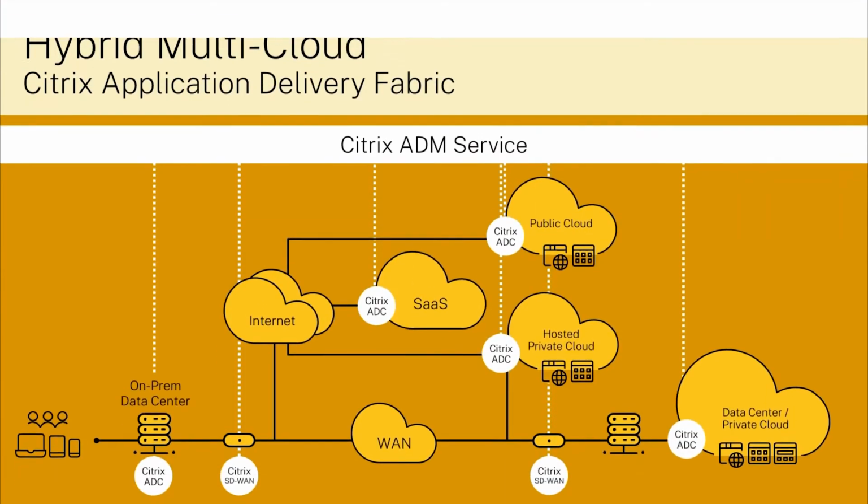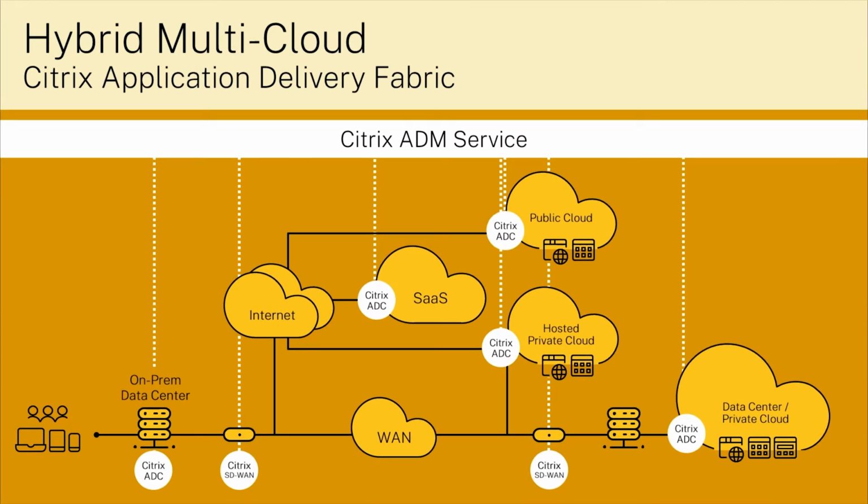Along with a centralized controller for your Citrix ADC deployments, on-prem and in the cloud, it also gives you a consistent security posture across everything, and intent-based workflow automation for speed and simplicity. No matter where your applications are deployed, each Citrix ADC instance will always be available to access the cloud controller and submit telemetry data.